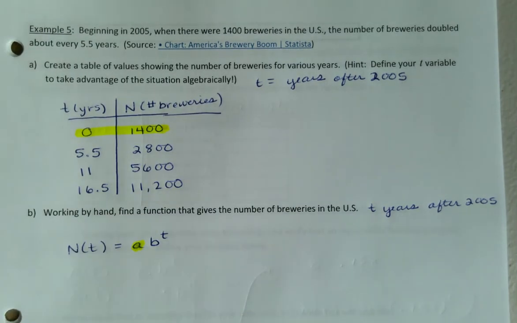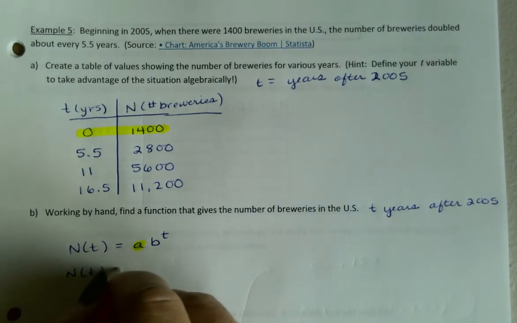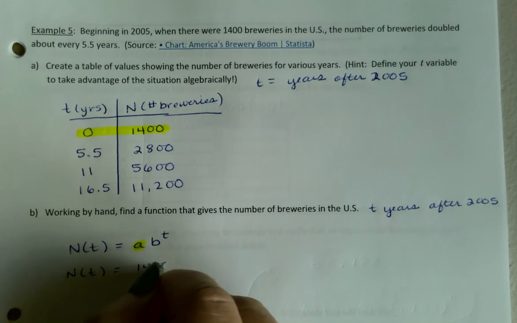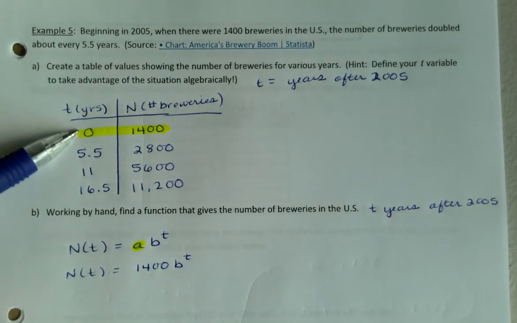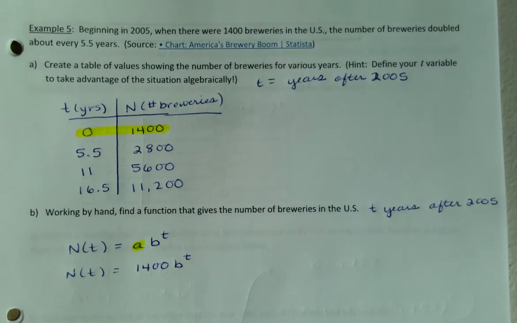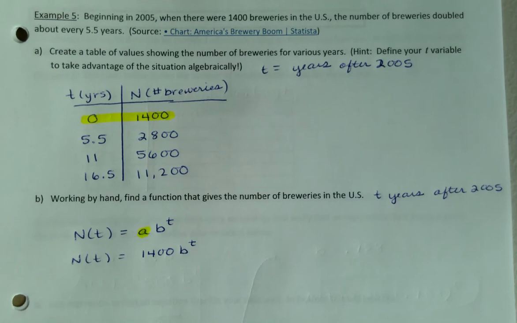A is going to be 1,400. Since my inputs do not go up by 1, I can't predict the B value easily. Instead, I'm going to have to do a little bit of math.